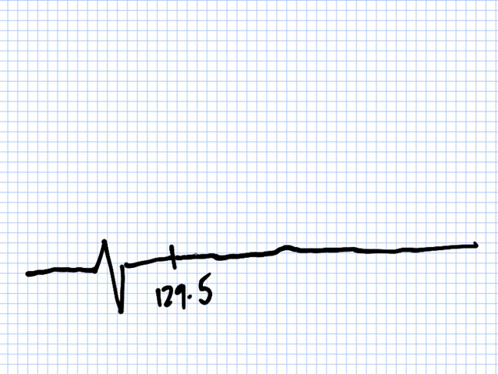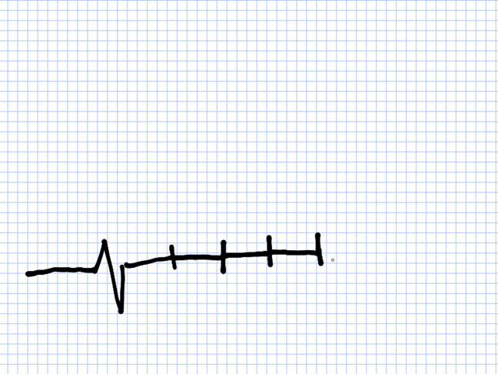So I need a bit more space. This can be 129, 139, 149, 159, 169. Is that the last one? Yep. So this is 129.5 and it goes all the way up to 169.5.